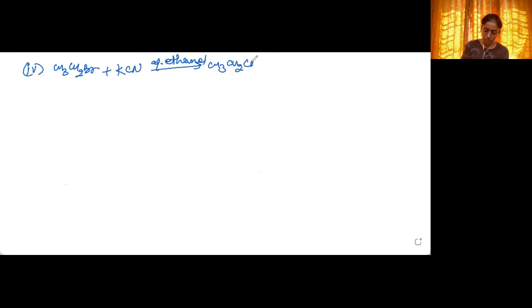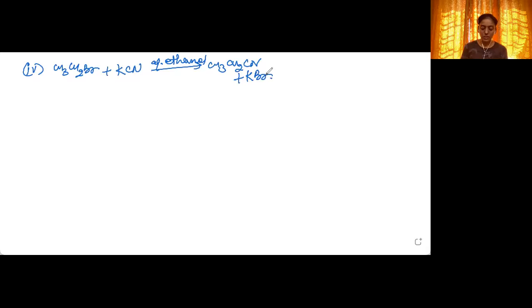Let's now move into the fourth part of this question. The fourth part is CH3CH2Br plus KCN, aqueous ethanol. It is a direct nucleophilic substitution reaction. CH3CH2CN plus KBr.